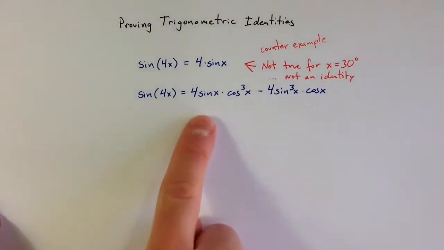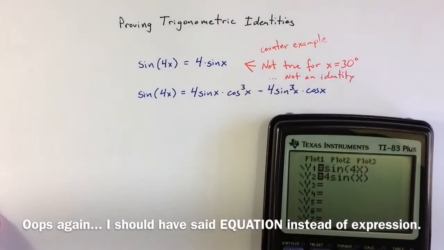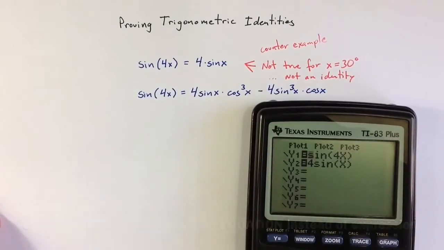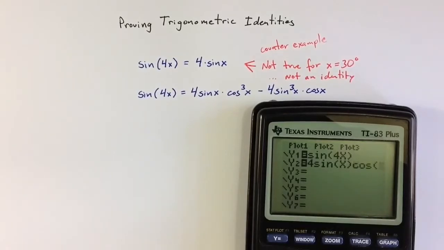In a similar way, we could check the second expression to get a sense of whether we should consider it an identity or not. We still have the same sine of 4x. The second side of the expression is 4 times sine of x times cosine of x cubed, using the caret key to introduce a cube, and then minus 4 times sine of x, closing the parenthesis, adding a cube, times cosine of x.